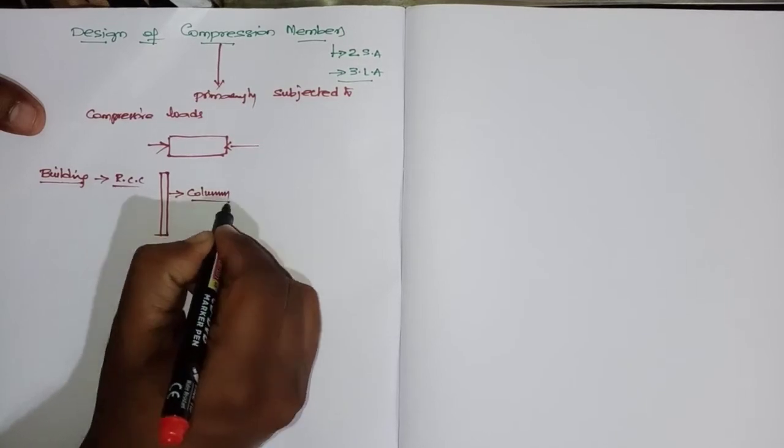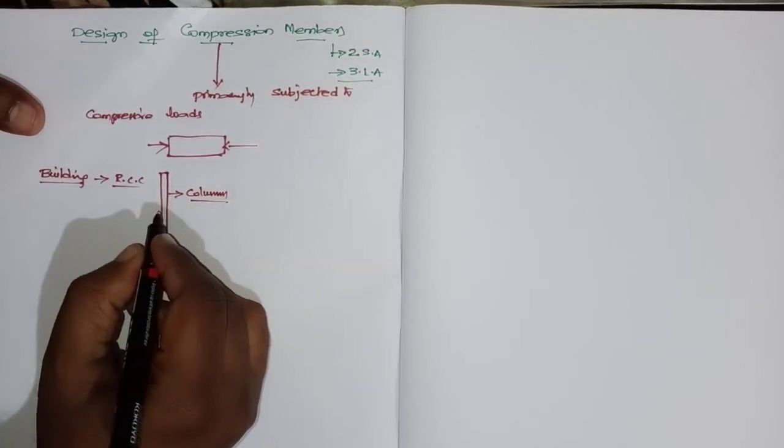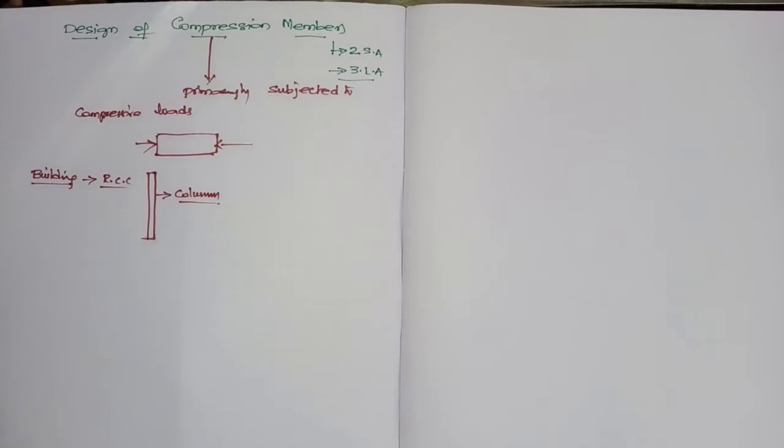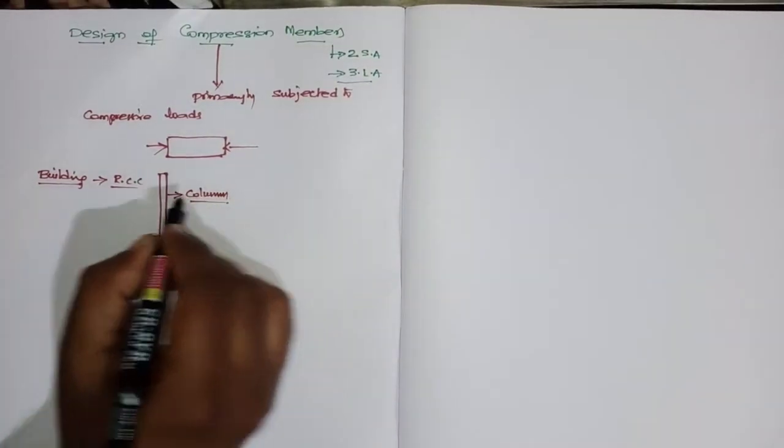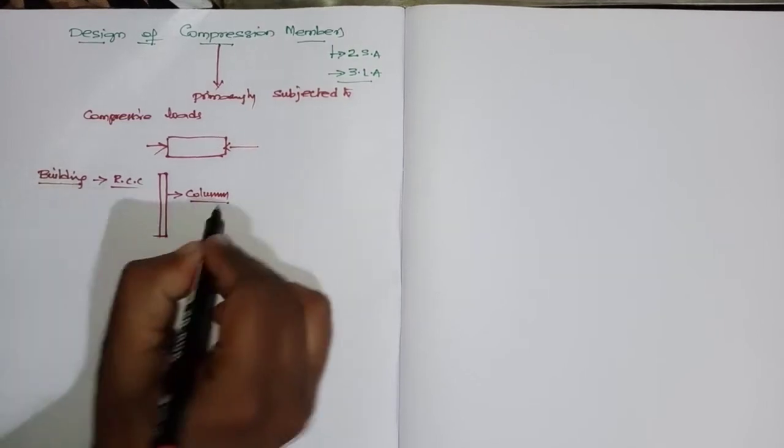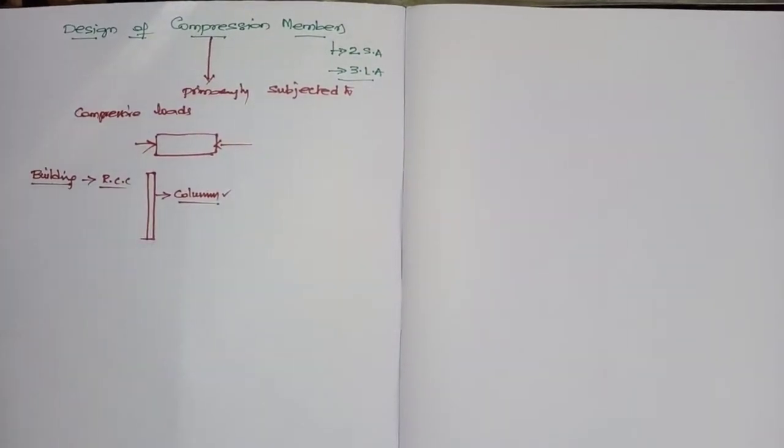In local language we call this a pillar, but the technical term is column. The vertical compression member in a building is a column. This is the best example, which we see in our day-to-day life.